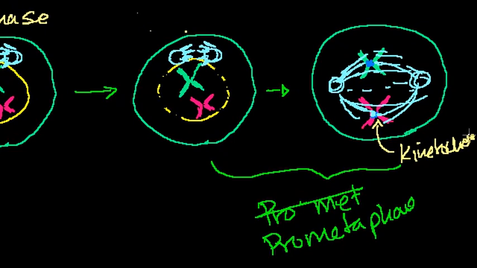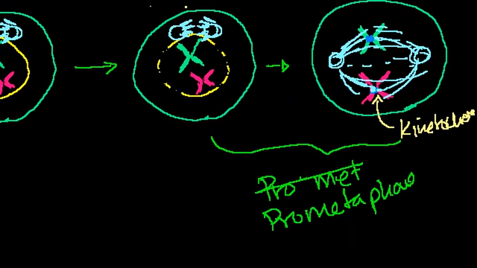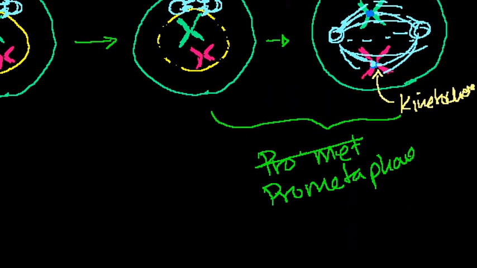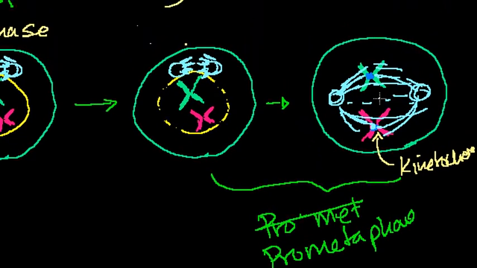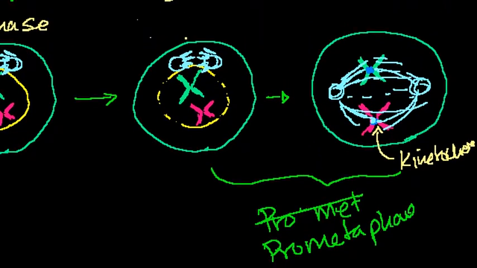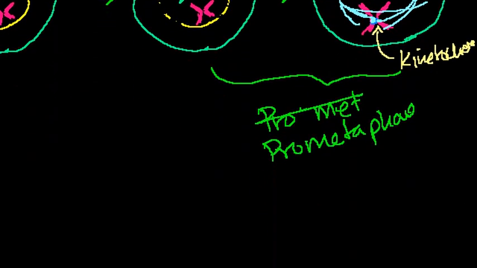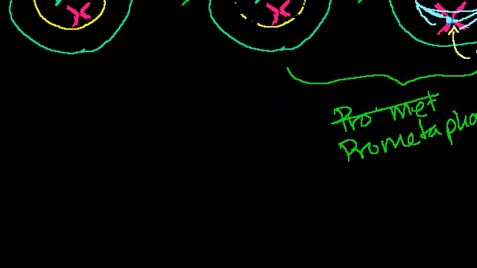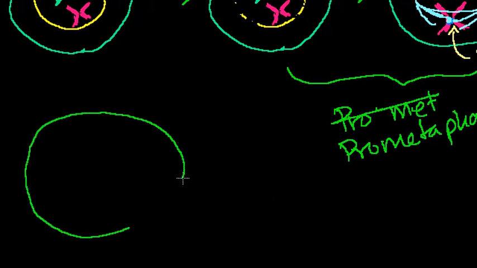Once prophase is done, the cell makes sure that the chromosomes are well aligned. I drew them well aligned here, but that formally occurs during metaphase, which is the next phase. So that first one was prophase. Now we're in metaphase, which really is just an aligning of the chromosomes. All of the chromosomes are going to be aligned at the center of the cell.